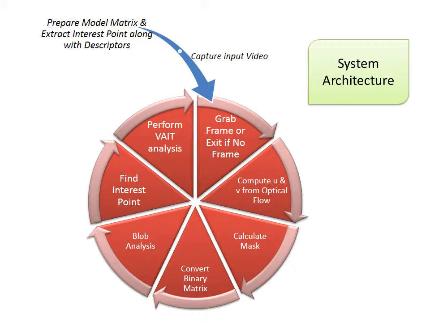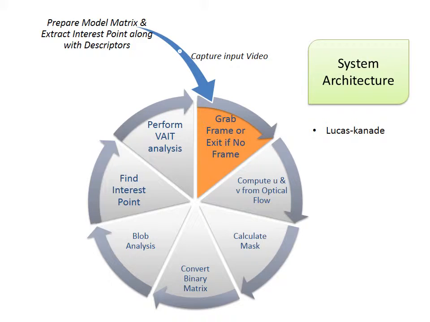This loop will take two consecutive video frames and continue until the total video is finished. Inside this loop, we perform two main operations: one, moving object detection using optical flow, and second, object recognition by VAIT features.